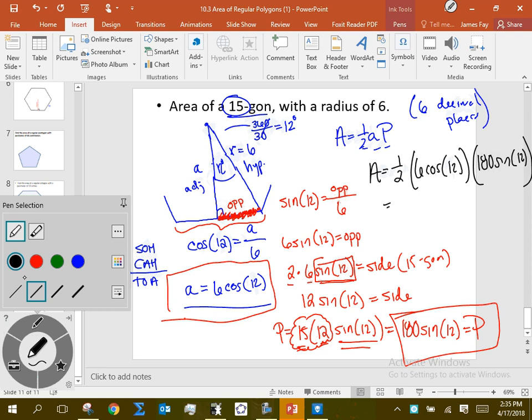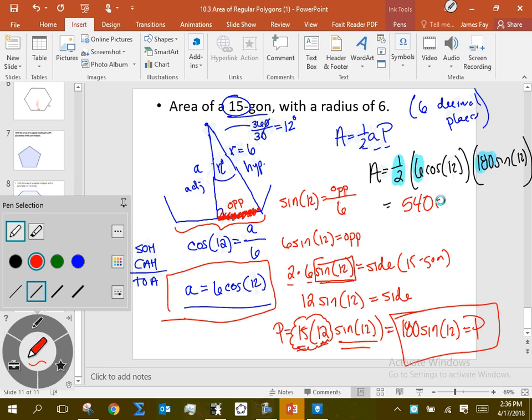There's some work that can be done with that yet. Would you guys, for the same reasons I already mentioned, agree that 1/2, 6, and 180 are numbers that work well together? Okay, they're all rational numbers. So if I multiply them together, half of 6 is 3. 3 times 180 is 540.